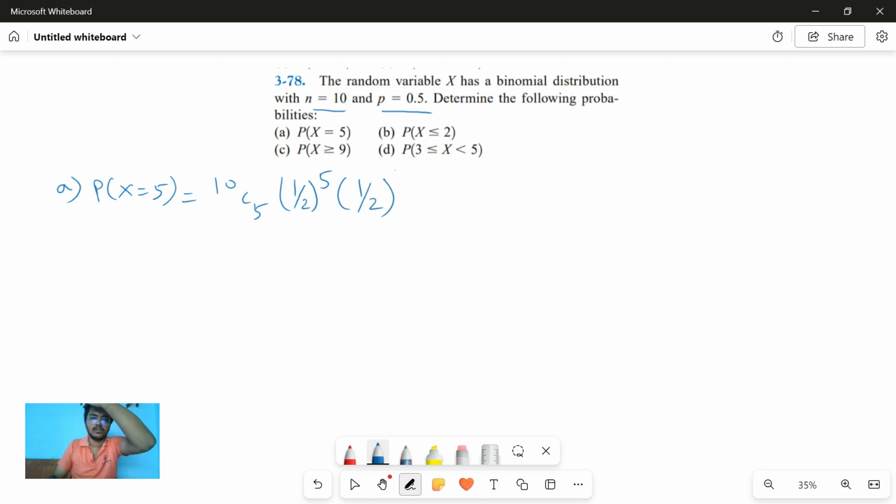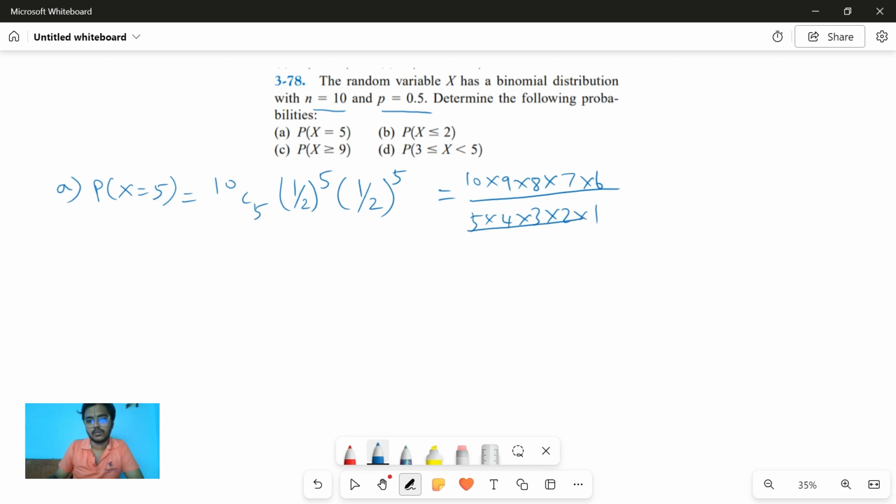Now 5 here, and again 5 will come because 5 plus 5 adds to 10. 10C5 is 10 factorial by 5 factorial into 5 factorial, so 10 into 9 into 8 into 7 into 6 into 5 factorial in the numerator, and one 5 factorial cancels. Another 5 factorial will remain in the denominator: 5 into 4 into 3 into 2 into 1.